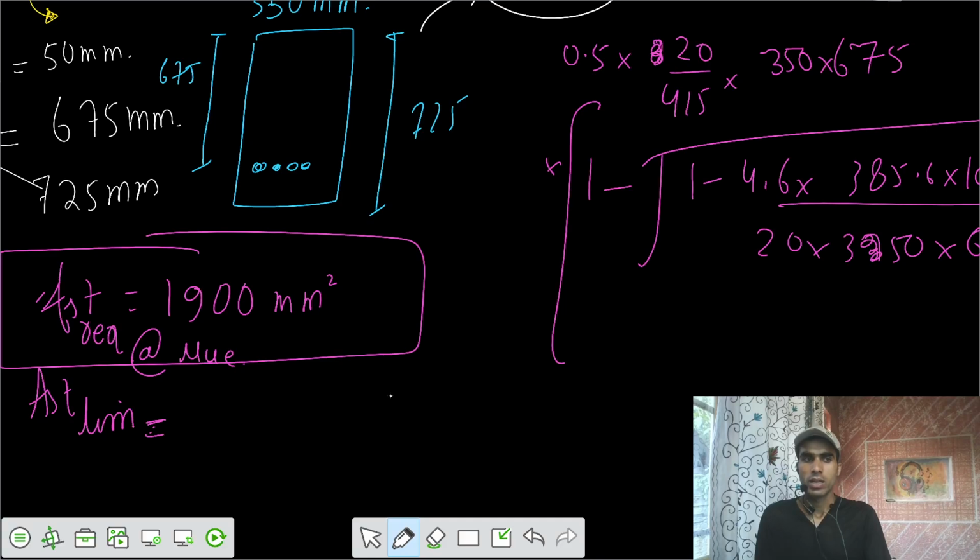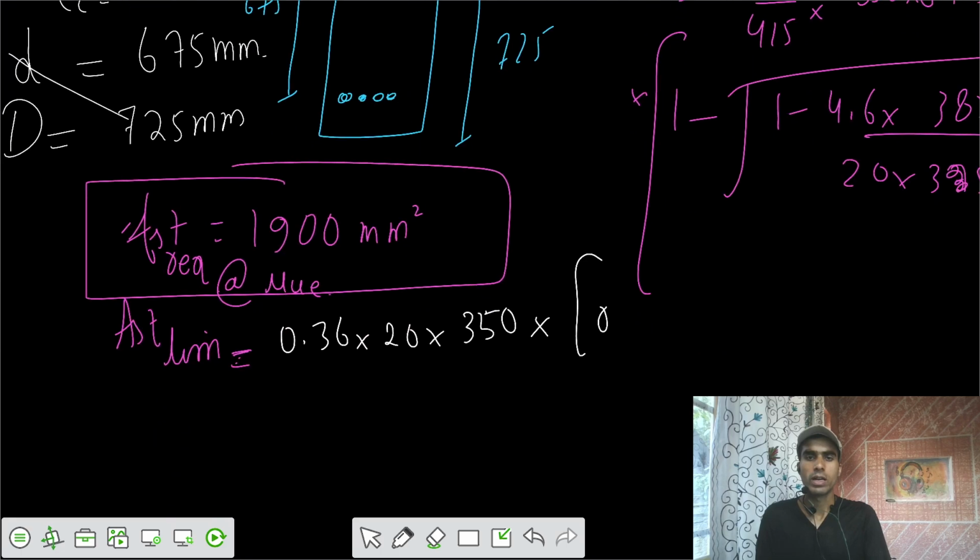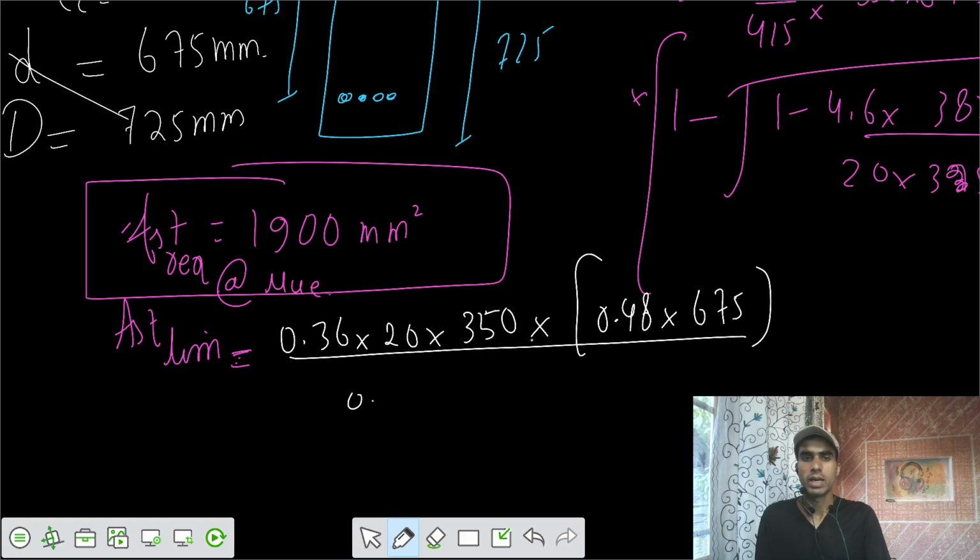That value would be equal to 0.36 FCK B XU limiting, where XU limiting is 0.48 times small d, that is 675, for steel of Fe415, divided by 0.87 Fy.